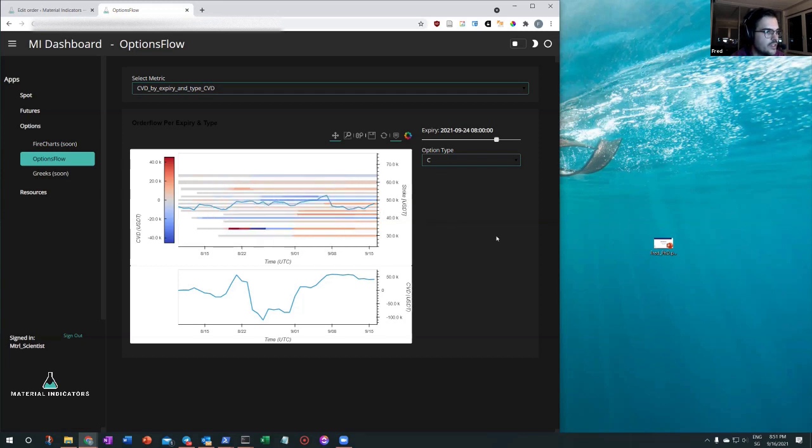And here you can have a more granular look if you want to figure out which uptick in CVD on the total chart was caused by, or where this is from, which expiry and from which strike and from which type. So you can have a bit more granular data.